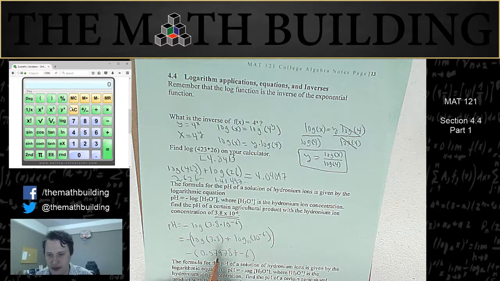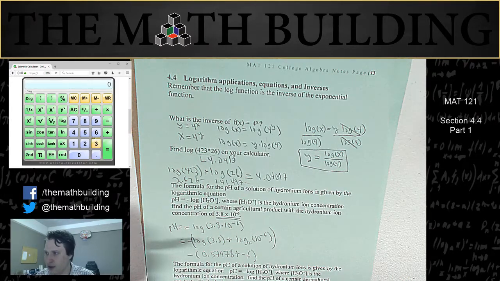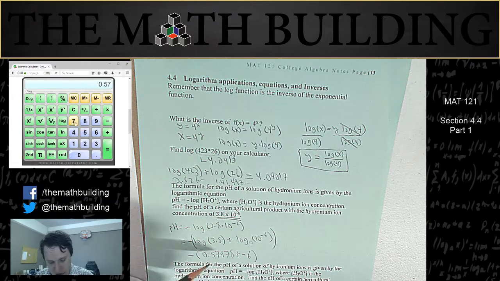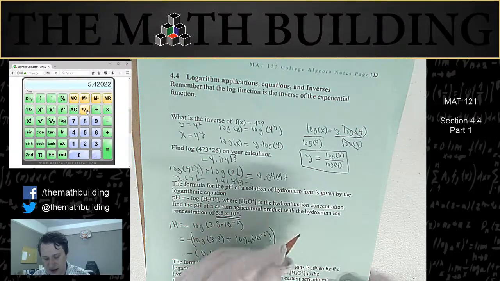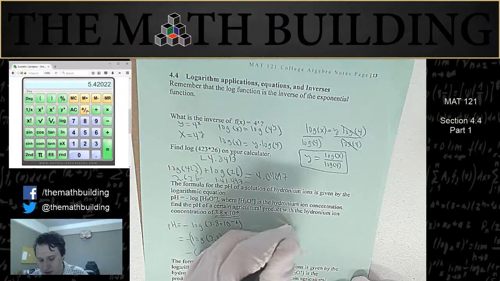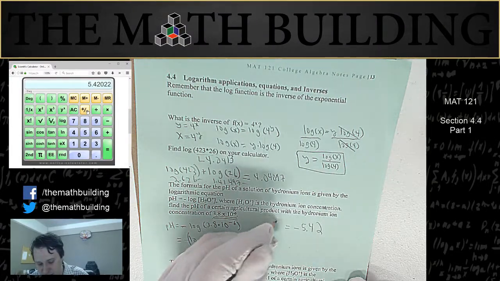And once we simplify that, we're going to get the same answer as when I plugged the entire thing into the calculator. So 0.57978 minus 6 equals that. And then the negative out in front will change the sign. And so the pH is negative 5.42 if you round to the hundredths place.